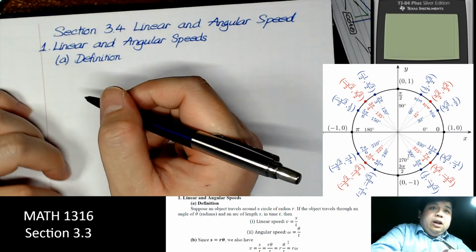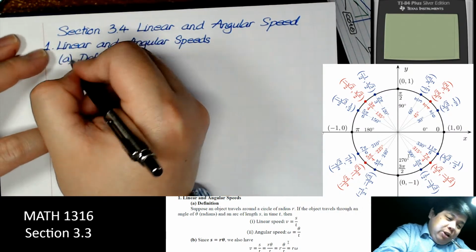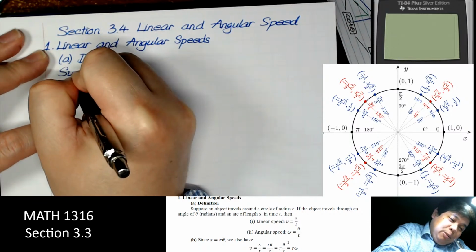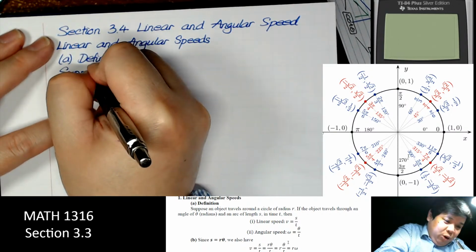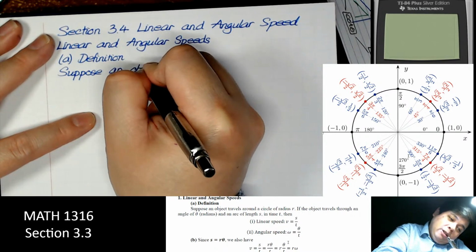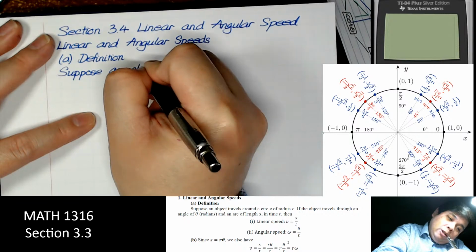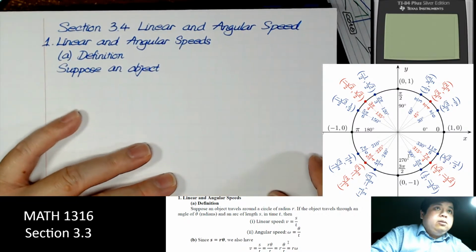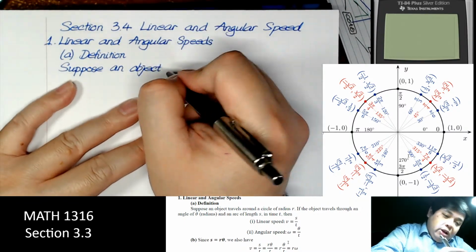So, let me write that first, and then we explain. The picture will be a lot better than what we're about to write. Suppose an object travels around a circle.